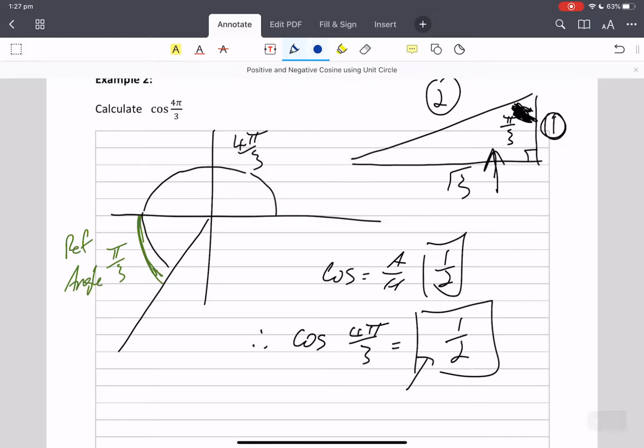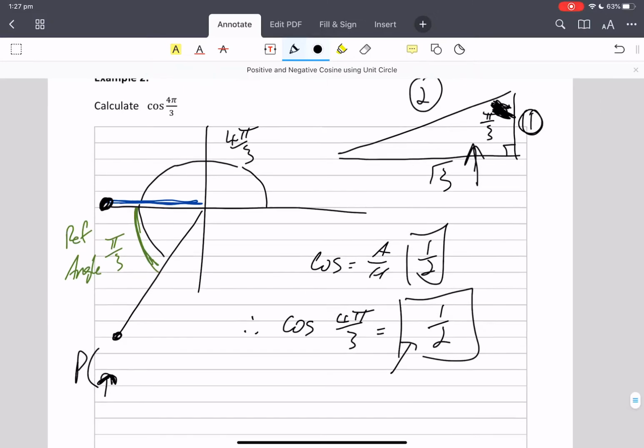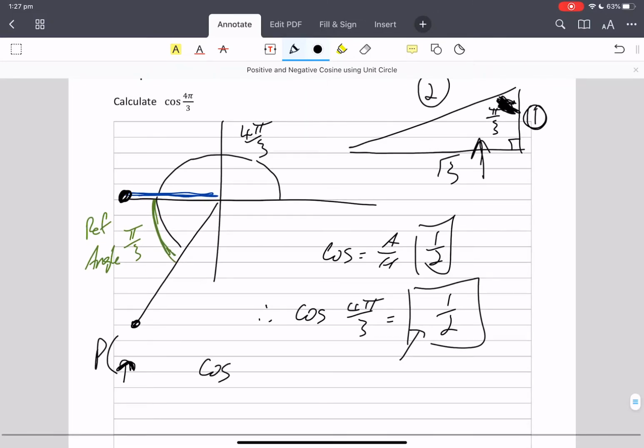So I need my little blue line out here. So I'm thinking, this point, what's its x component? Is it positive or negative? Well, x is negative out there. So you're going to go cos is the x component.